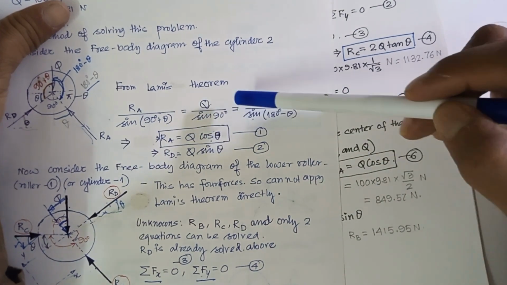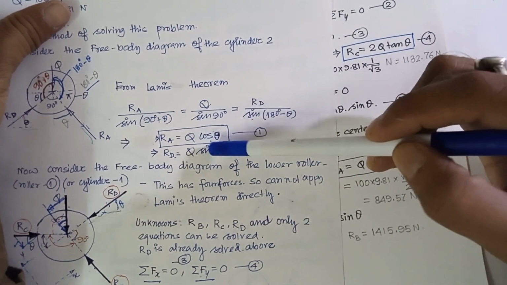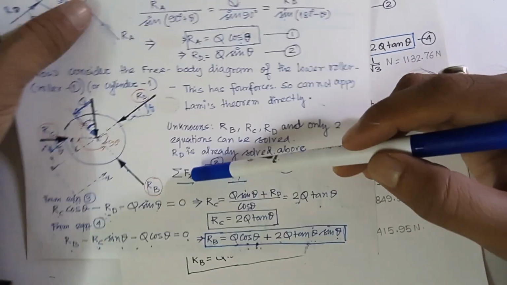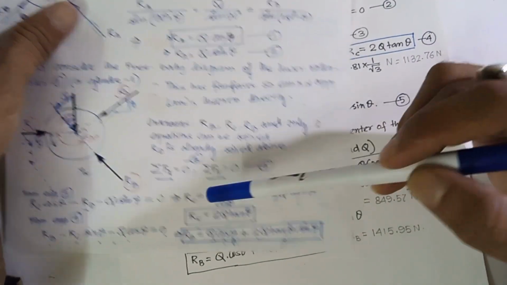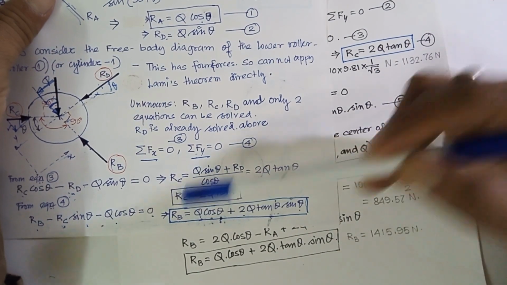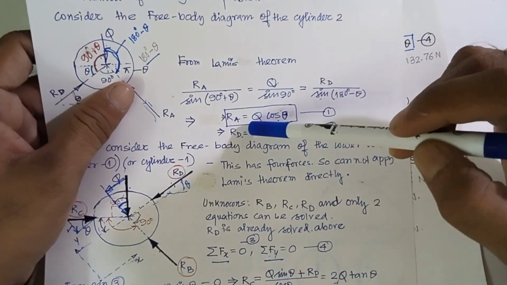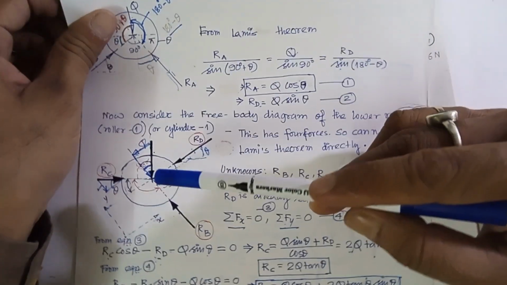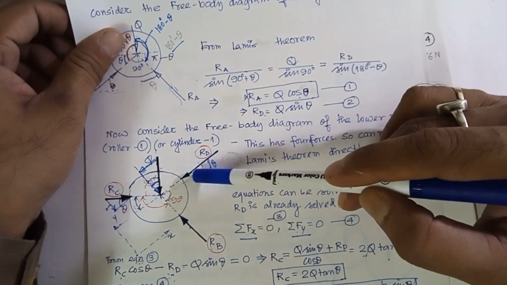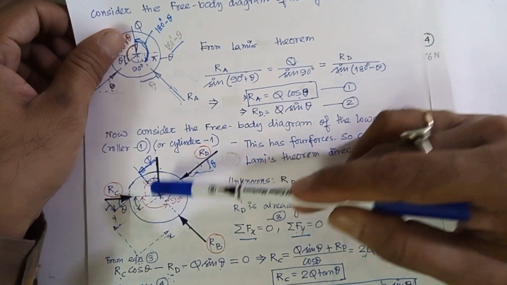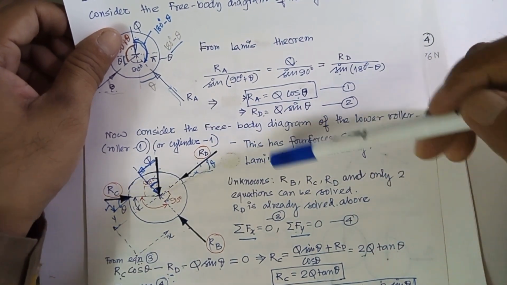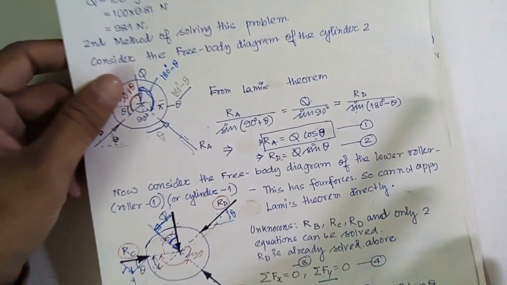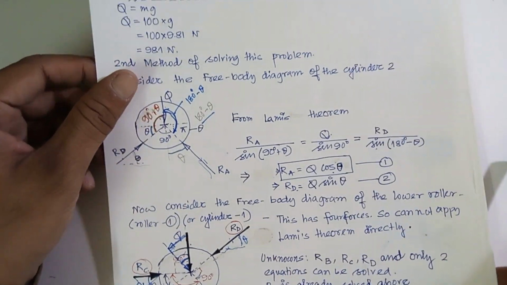So there are two equations and we have solved RA and RD here, and here also we have two equations and we have solved RC and RB. So in this case RD, although not asked to be solved, is required to be solved because RD is the connection between roller 1 and roller 2. So we need it. Therefore, in method 2 we have done the solution.